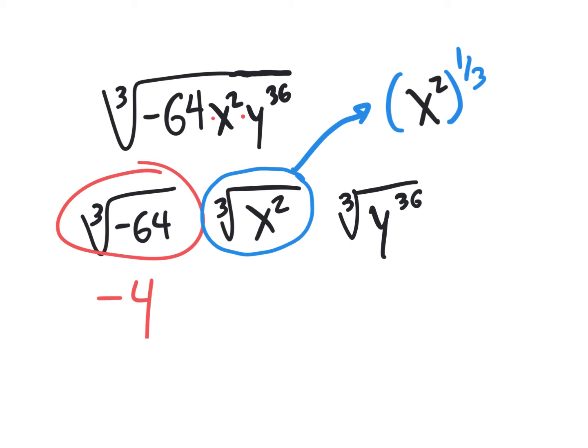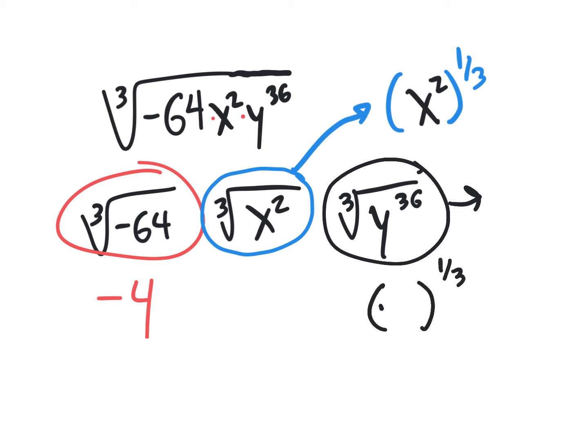How about that last one, though? This last one right here, if I rewrite it as the power of 1/3 with the y to the 36 right in there, then 36 times 1/3, that's like saying 36 divided by 3, right?